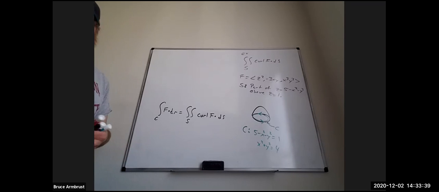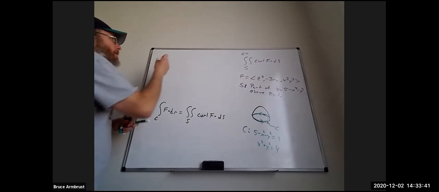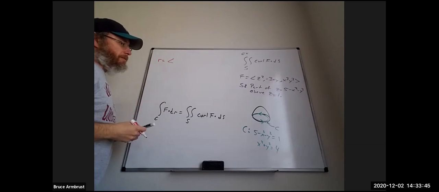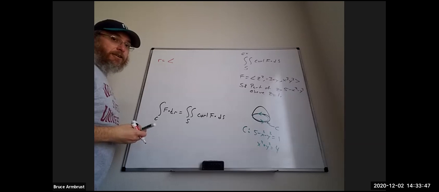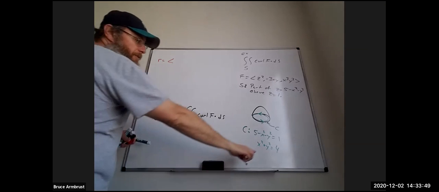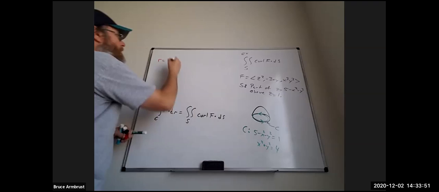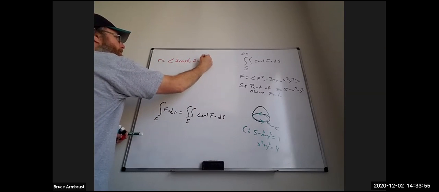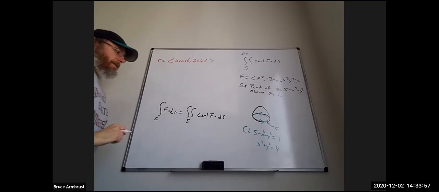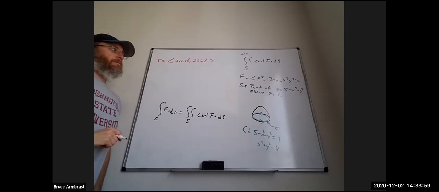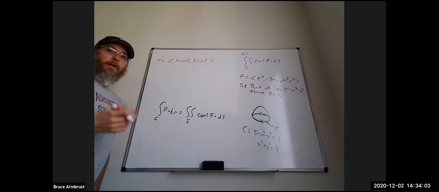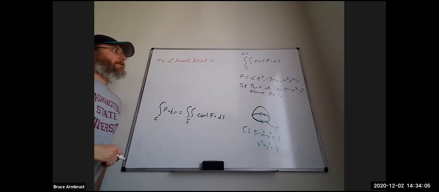All right, so let's parameterize it. R for the curve, since it's a circle, we're just going to do r cosine and r sine. The r is 2. So let's make this 2 cosine t, 2 sine t. Oh, but we also need a z component.